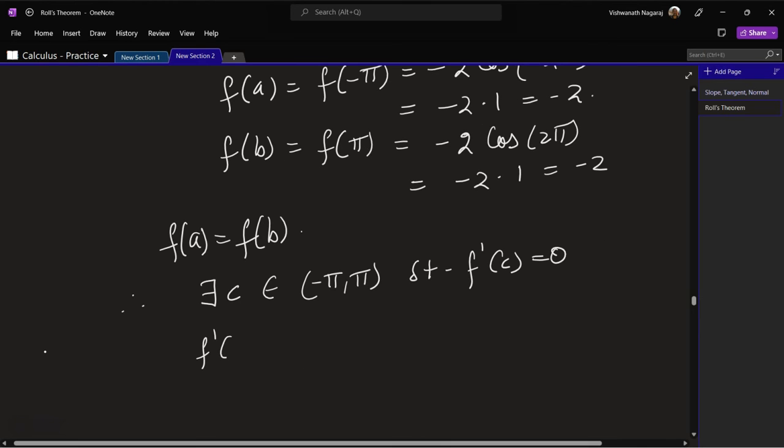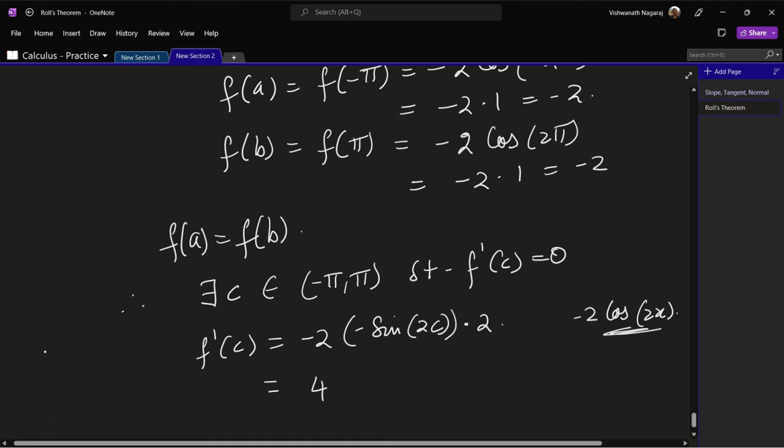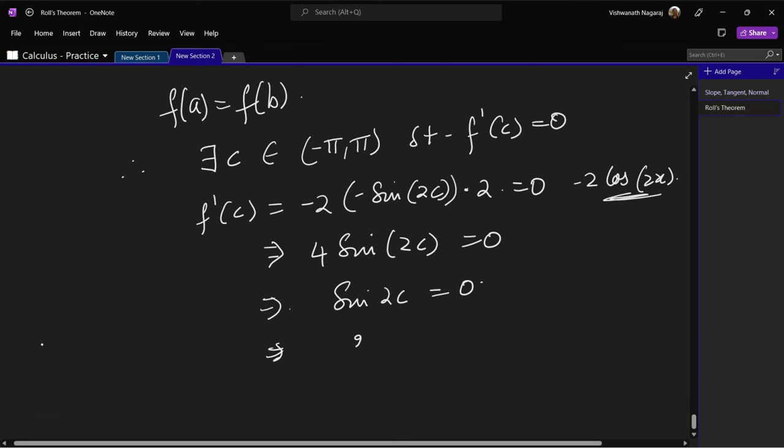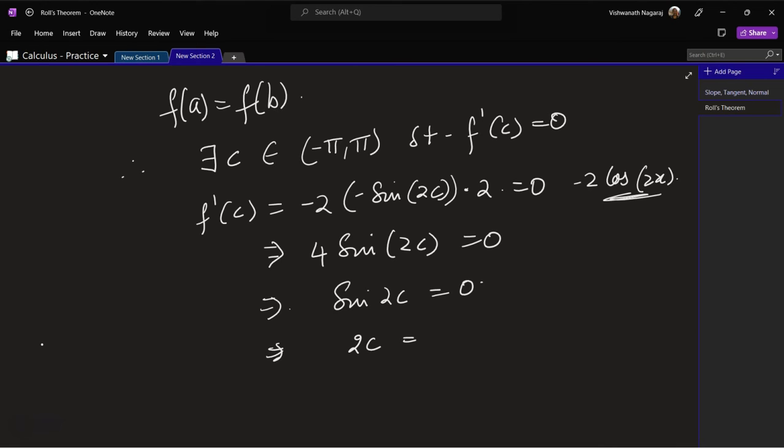Now, f prime of c is going to be, minus 2 cos 2x is the function, so minus 2 cos is minus sine 2c times 2, which gives us 4 sine 2c equal to 0. So this implies sine 2c is equal to 0, which implies 2c is going to be... So for what angles is it 0?